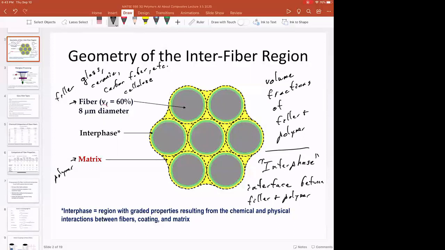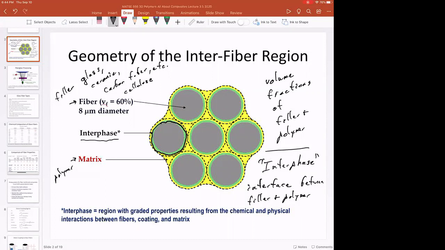In the composites literature, they call this the interphase because the properties of this coating, or the properties of this shell between the matrix and the filler, could be different than either the matrix or the fiber. And so this interphase doesn't necessarily have to be 1 or 2 nanometers just at the interface. It could be some other chemistry in there. It could be some other polymer in there. There could be something else going on to create this bond now between the matrix and the fiber.